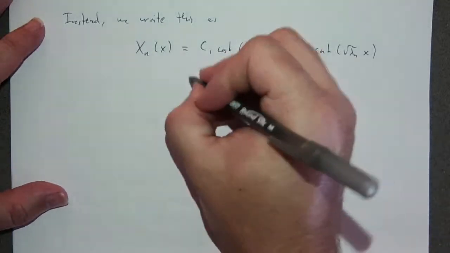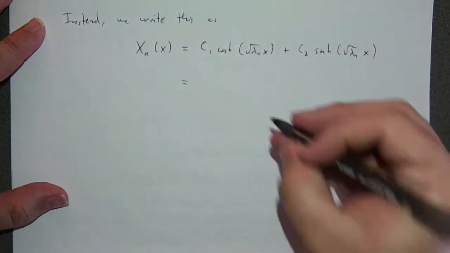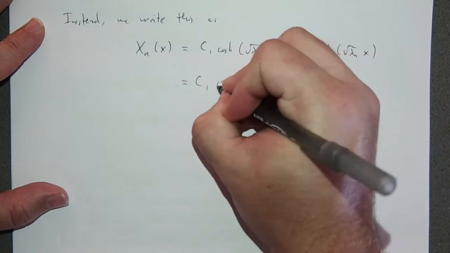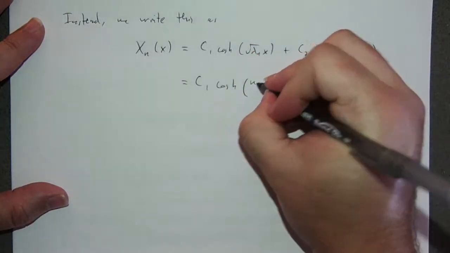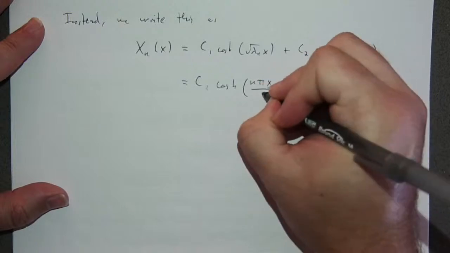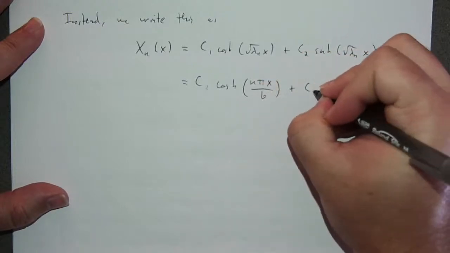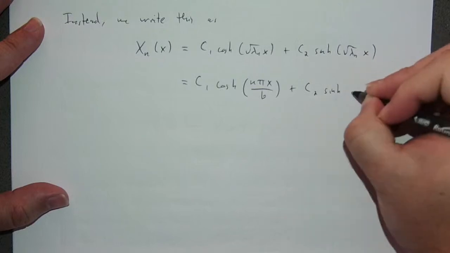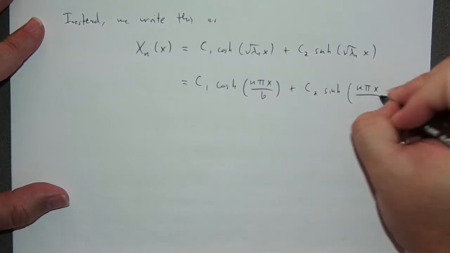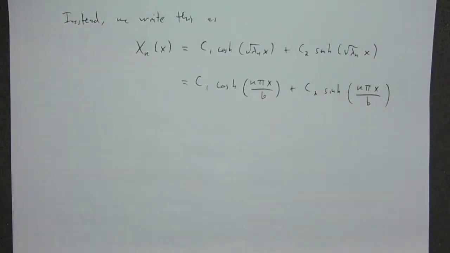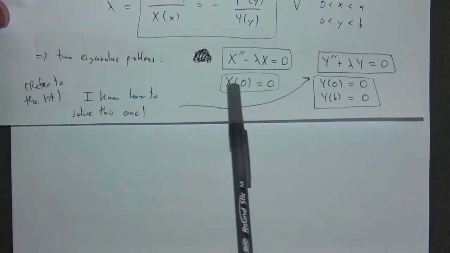If we write this out, this would be c1 cosh of n pi x over b plus c2 sinh of n pi x over b. But we have a boundary condition that we haven't imposed yet, which is this one.